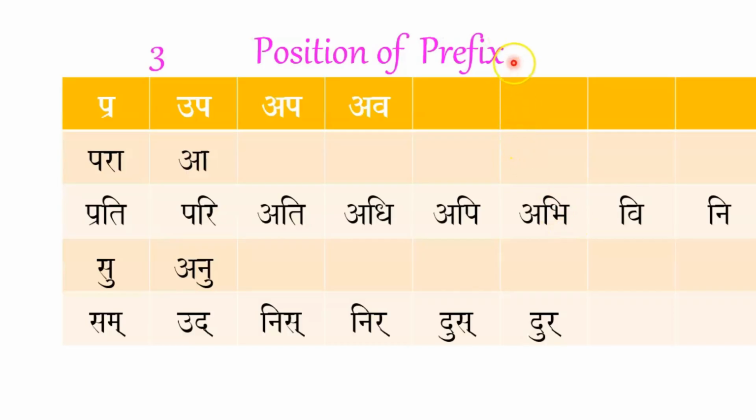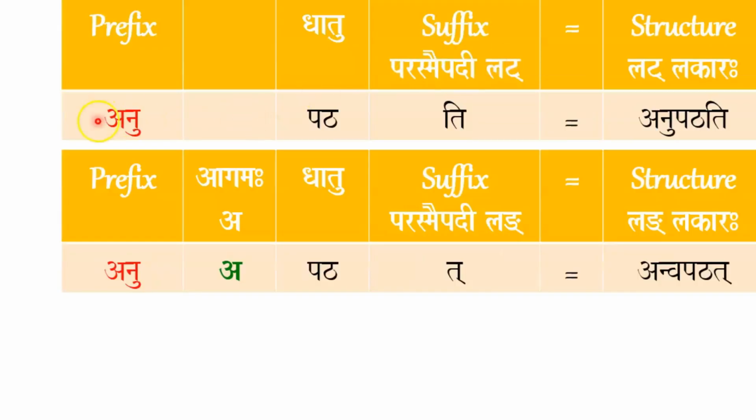Number three, the position of prefix which changes according to the present and past tense. In present, it comes before dhatu, whereas in past, it comes before agamaha.